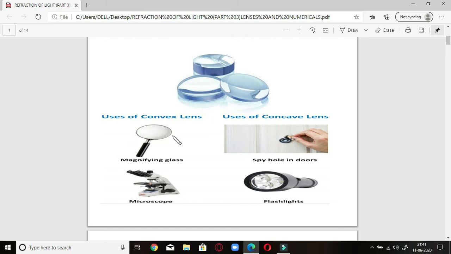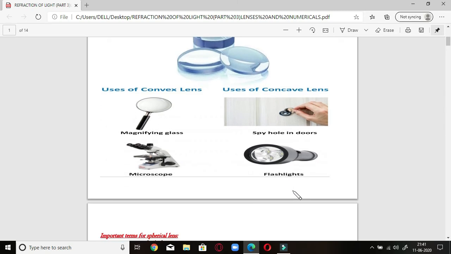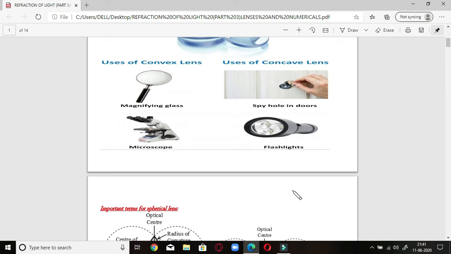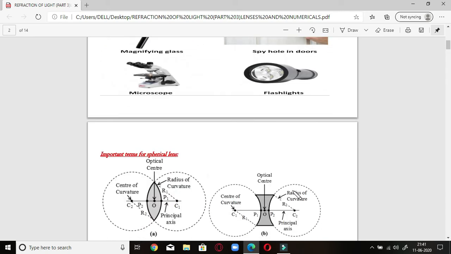Convex lenses are also used in the microscope, whereas concave lenses are used in the spy hole in the door, where you look at the person standing outside your house. The image is small, sharp, erect and virtual. It is also used in the flashlight to see long distances, because light will move parallel out of it. So these are the uses of concave and convex lenses.